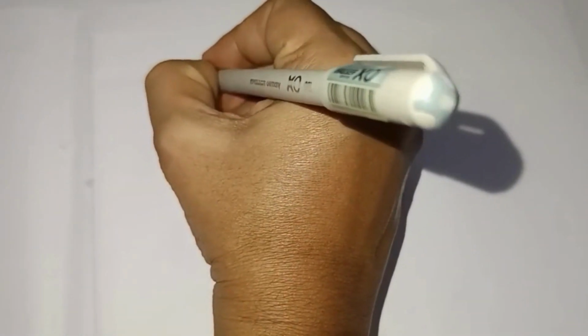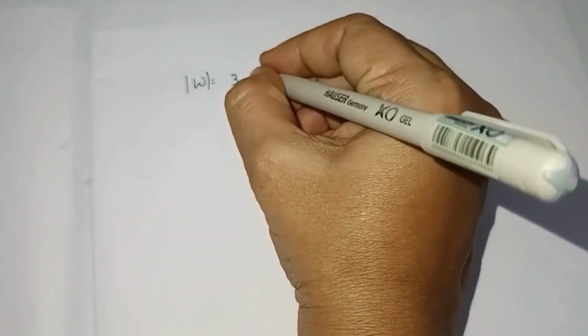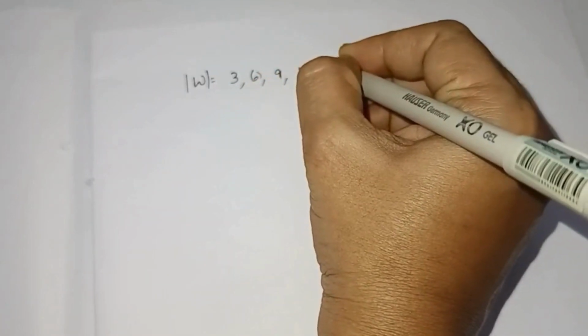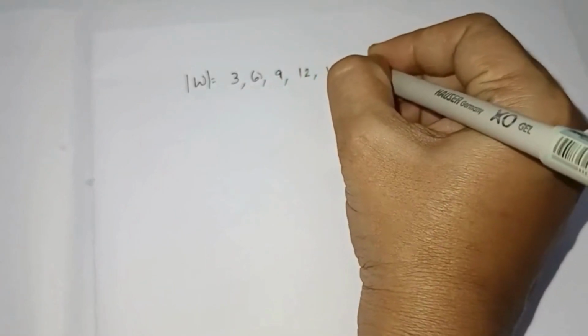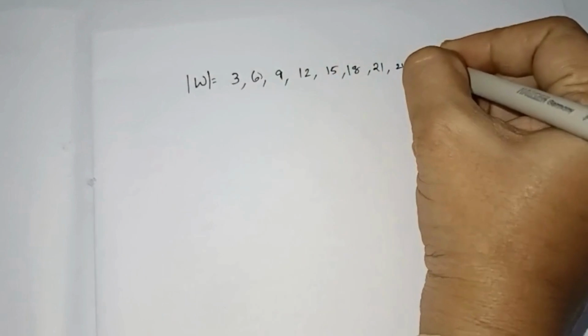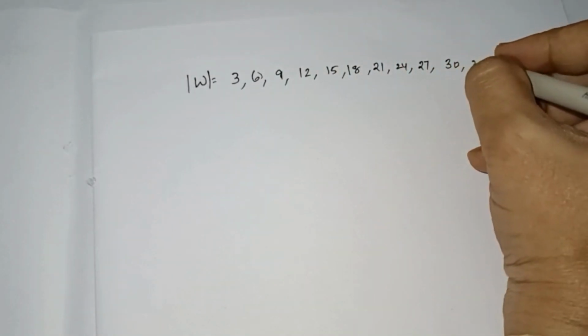Okay, so now I have told you W, that is the length of the string, equals 3, 6, 9, 12, 3 fives are 15, 3 sixes are 18, 3 sevens are 21, 3 eights are 24, 3 nines are 27, 3 tens are 30, 3 elevens are 33.